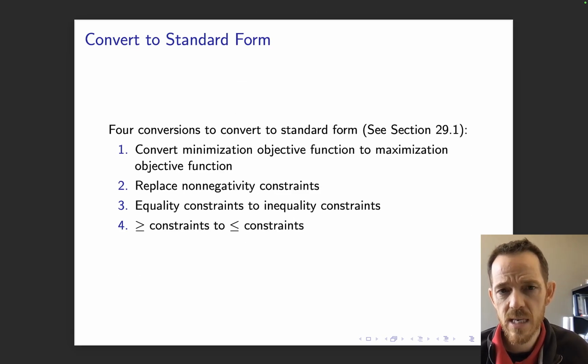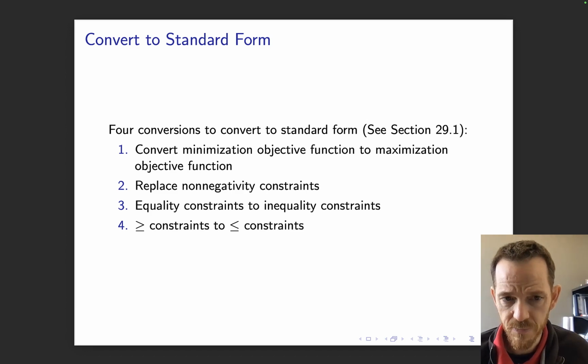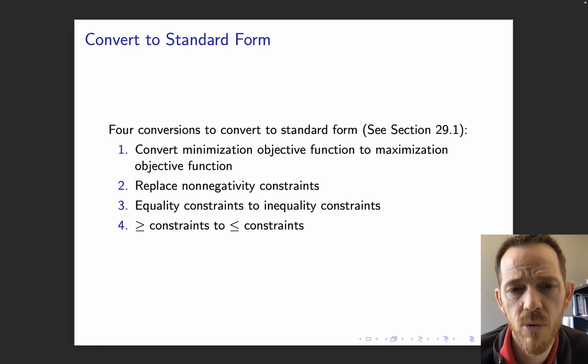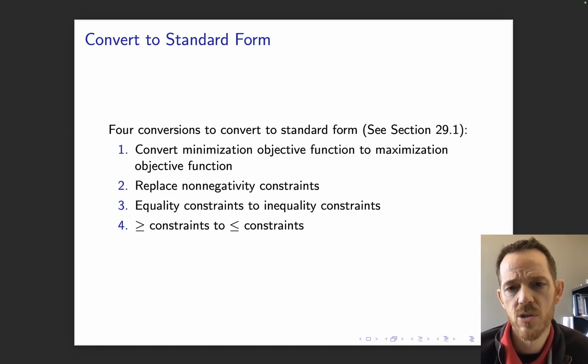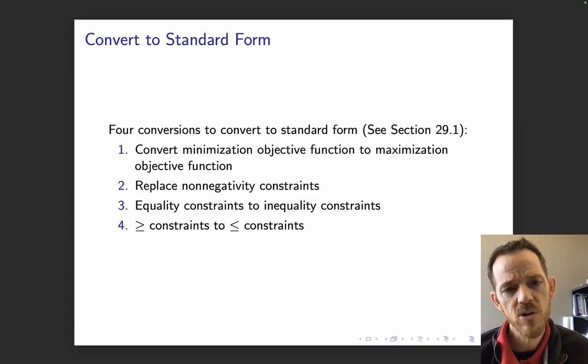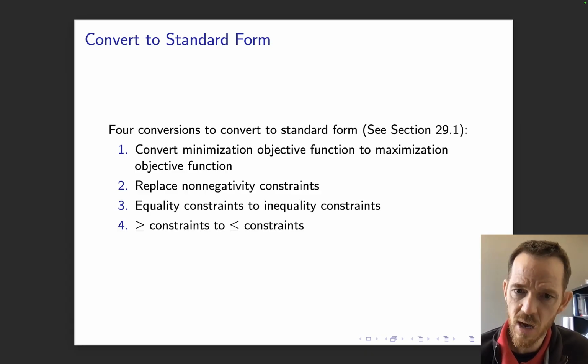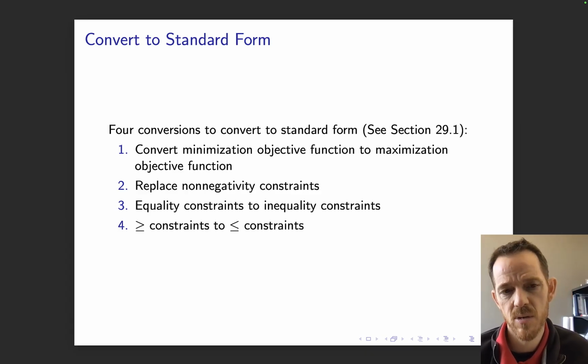So how do we get to standard form? Well, there are 4 conversions to convert to standard form as outlined in Introduction to Algorithms, 3rd edition. First, we're going to convert minimization objective function to maximum objective function. Then we're going to replace non-negativity constraints.